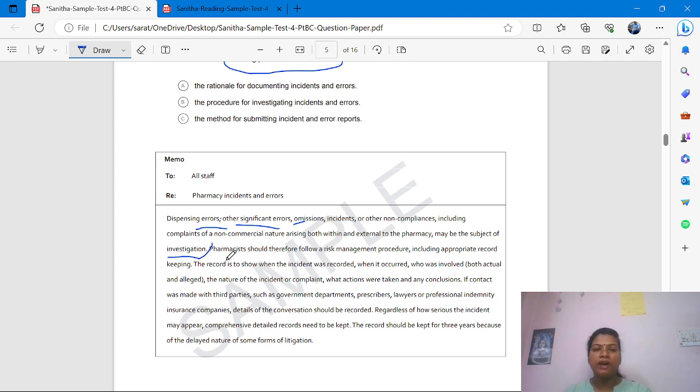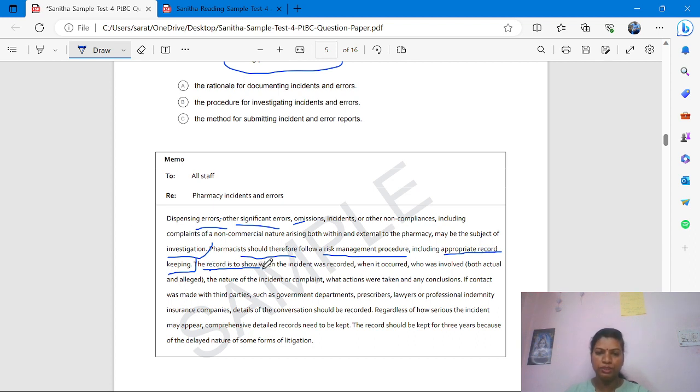Here see some words are stressed. The pharmacist should therefore follow a risk management procedure including appropriate record keeping. What does the pharmacist have to do if there are any errors? Keep a proper record. Then again they elaborate.